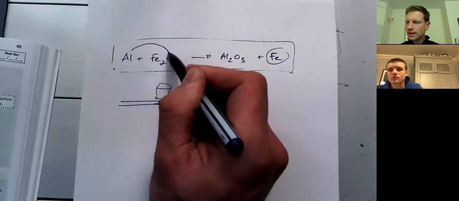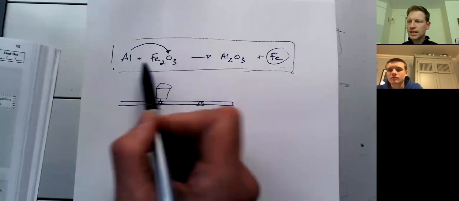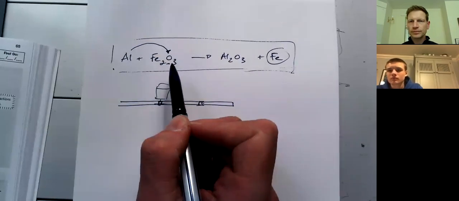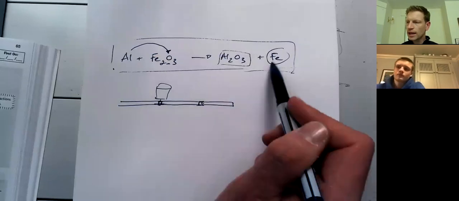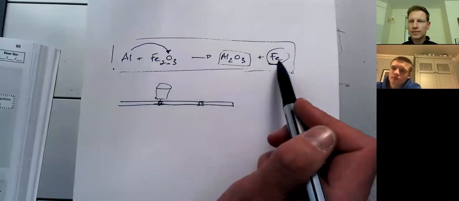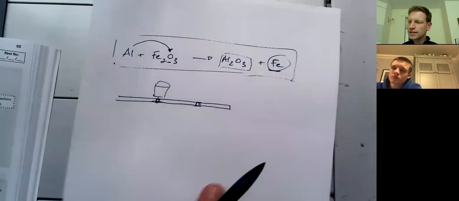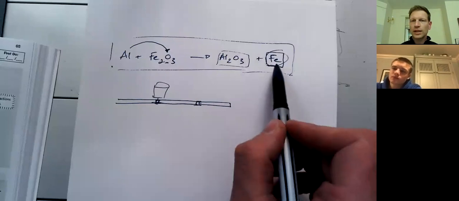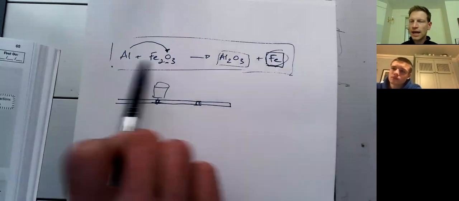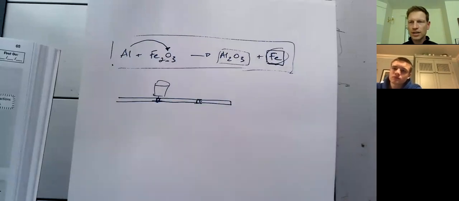Yeah, so it's actually stealing that oxygen to make a new compound and pushing out the iron, because out of all of these things here, the iron is what you want, and that will be liquid iron because it's a really exothermic reaction. This releases a lot of heat, enough to melt the iron.